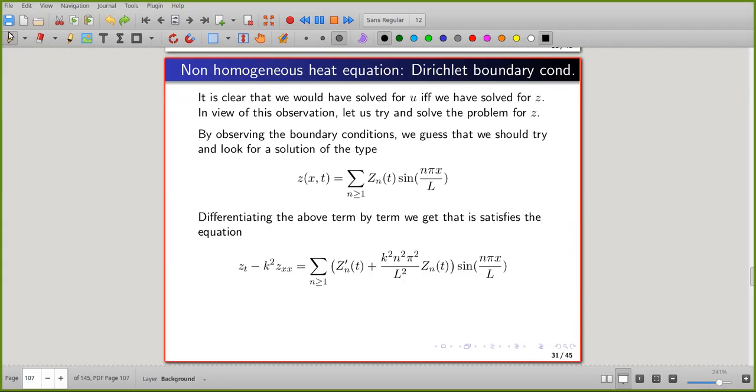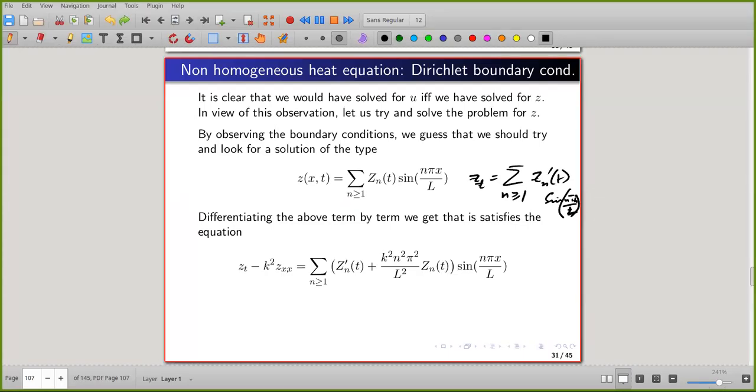So differentiating term by term, we see that it satisfies the equation. As always, we are going to ignore any statements about mathematical rigor. We're just going to pretend as if we can differentiate under the summation sign. So that means z_t is equal to the summation over n greater than or equal to 1 of z_n prime(t) into sine(n pi x/L).